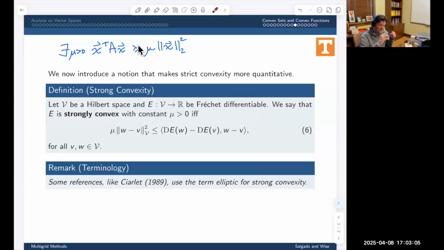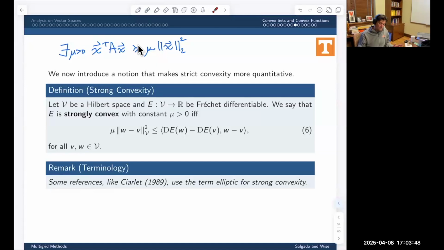As the step size parameter h got smaller and smaller, that eigenvalue got closer and closer to 0. So that was some sort of measure of how ill-conditioned the matrix was. What you want in practice is you want that value to be pretty far away from 0, not super close to 0. And that's going to tell us the strength of our strong convexity. The same is going to apply here. So we want this guy not to deteriorate to 0 as certain parameters change.